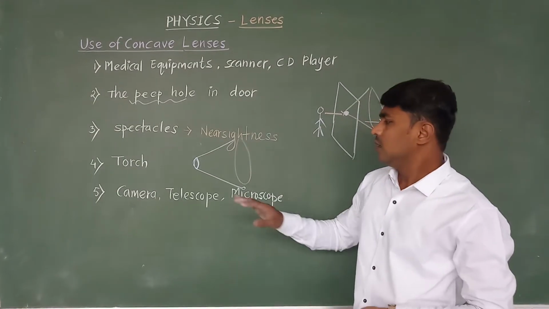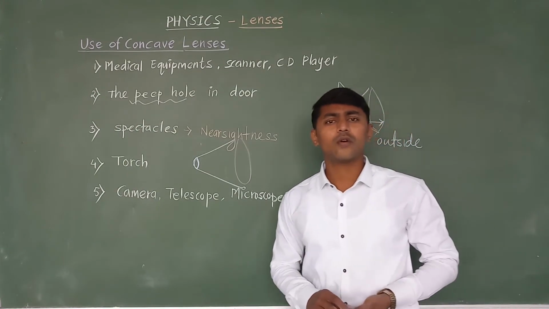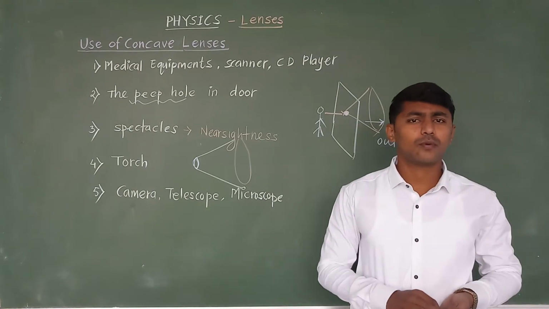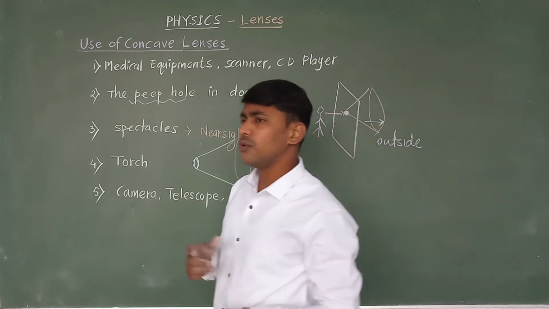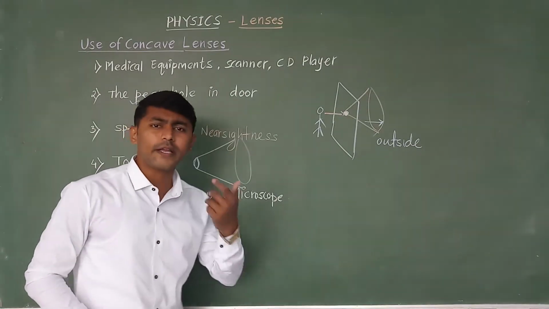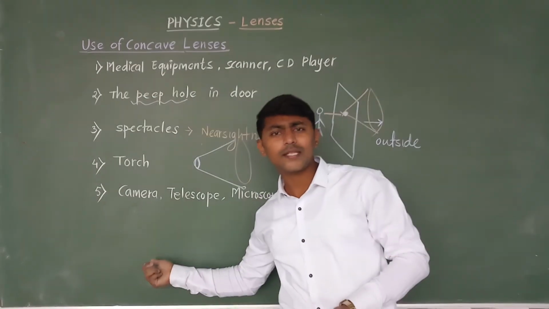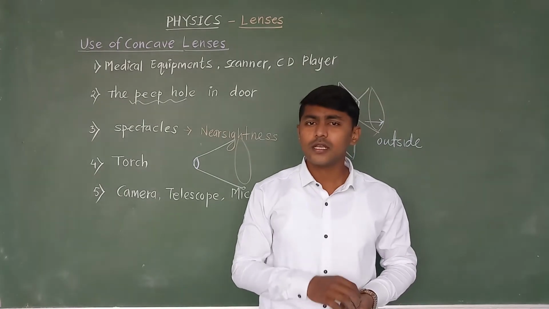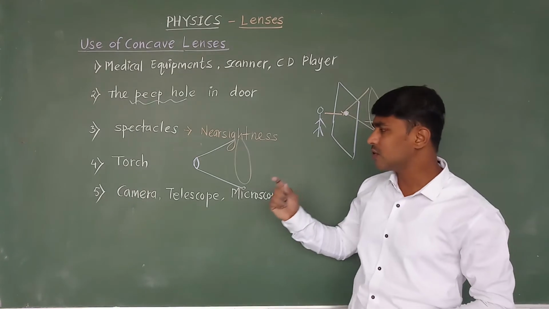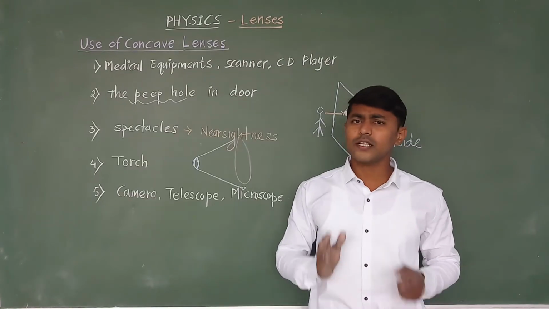Okay students, the next and final use of concave lens: camera, telescope and microscope. Now you will ask me a question: sir, how can we use concave lens in these three instruments when they use convex lens? But dear students, whenever we use a camera, telescope or microscope, definitely we use convex lens, no doubt.